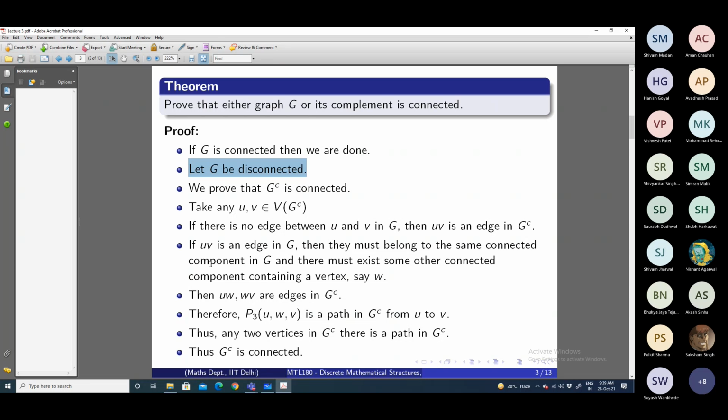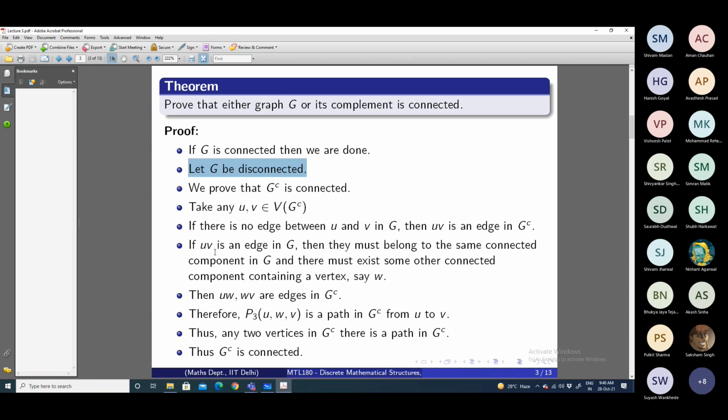Now there is another case, say UV is an edge in G. Since U and V form an edge in G, both vertices lie in the same connected component.